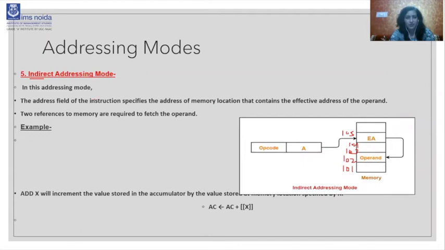Now what is indirect addressing mode? Indirect addressing mode means the address field of the instruction specifies the address of the memory location that contains the effective address of the operand. Suppose the instruction says we have to go to the address 105, we will go here.